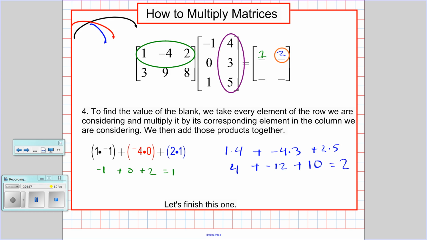Okay, see if you can apply that to the bottom left and the bottom right. Pause the video and see if you can get that.